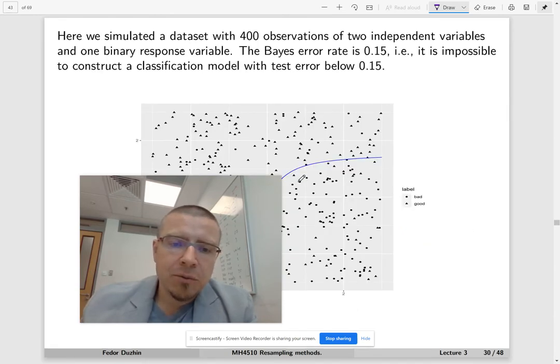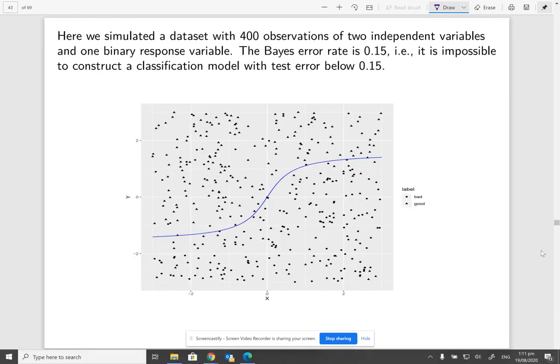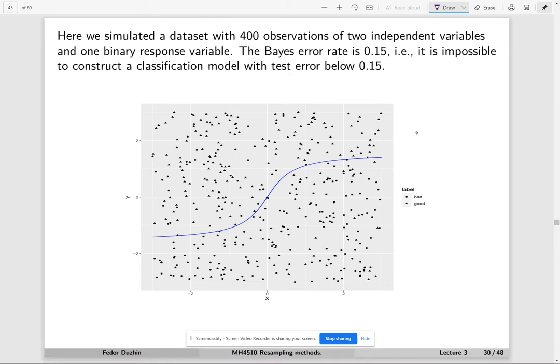So here is what I did. I conducted a numerical experiment again. To generate this data set, I came up with a true decision boundary, which is just y equals inverse tangent of x. Whatever is above it is good: if y is bigger than the inverse tangent of x, it is good.